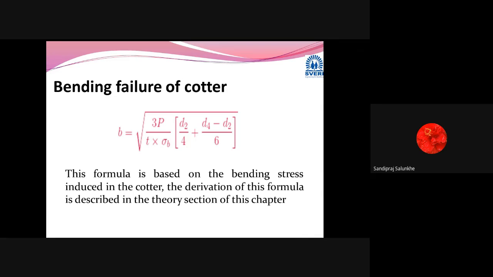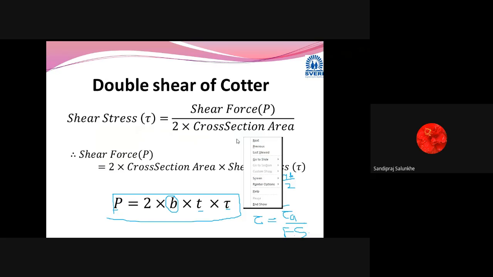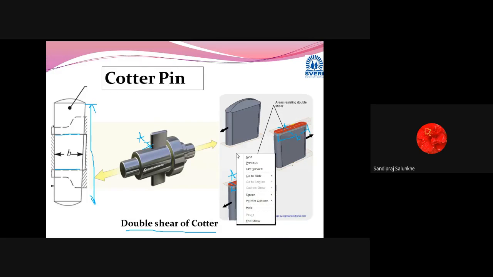The second thing is that if that pin does not get sheared, then what will happen to this pin? Will it get bent? Because this part is pulling to this side and the upper part and lower part are pulling to this side. There might be a possibility that this pin may get bent like this.